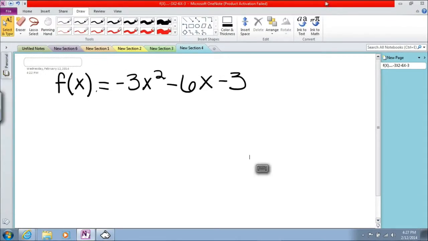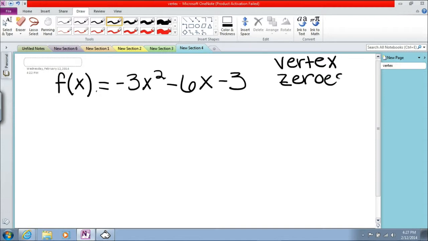So if you can cut to my screen, I'm going to show you a little bit of how to do this. So we wanted to find the vertex and we wanted to find the zeros. So it might help to know what both of those things are. So vertex, first off, if you look at the equation that was given to us, because it's to the second degree, the shape of it is going to be a parabola.